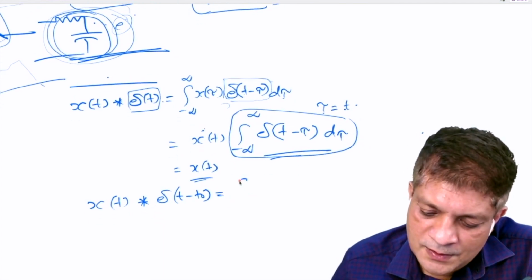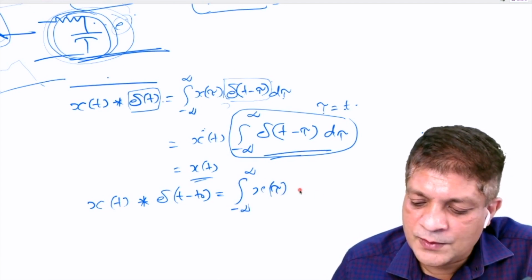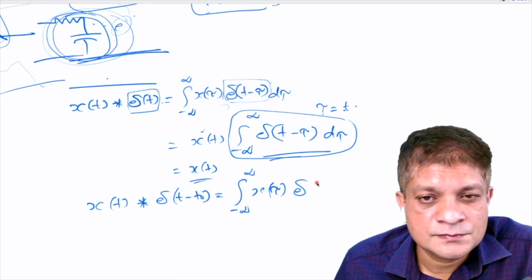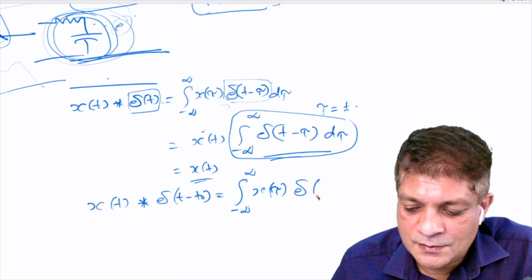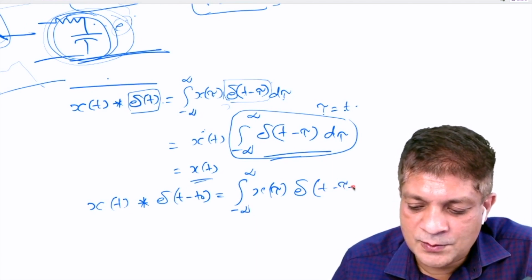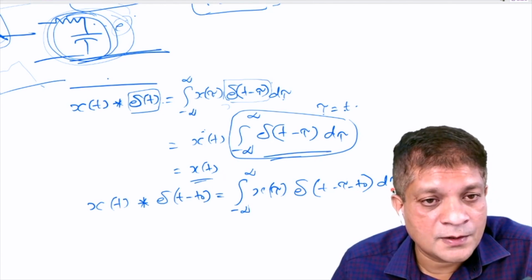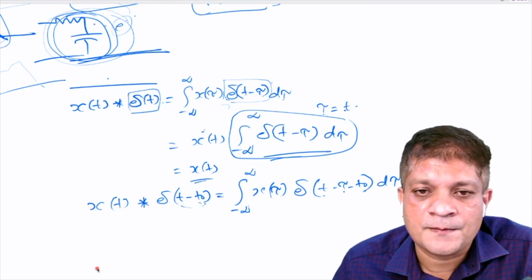Let us prove that. It is the integral from minus infinity to infinity of x(tau) delta... but is it t minus tau minus t naught? It is t minus tau minus t naught because it is a delayed delta function.